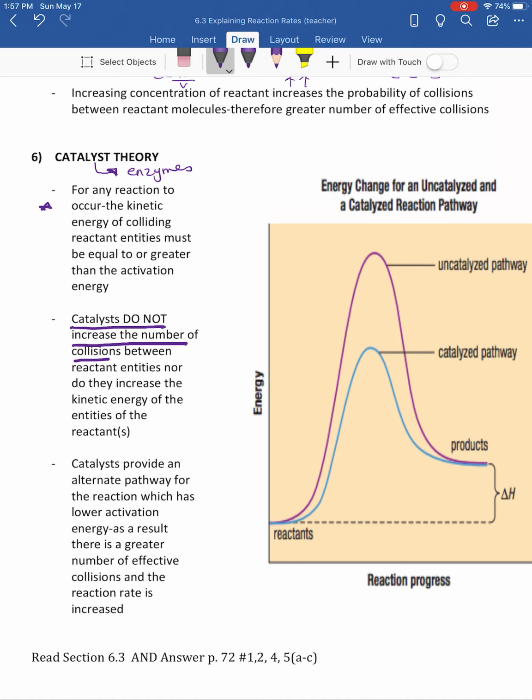The way they do it is they provide an alternate pathway for the reaction that has a lower activation energy. Remember back to my Pac-Man thing.